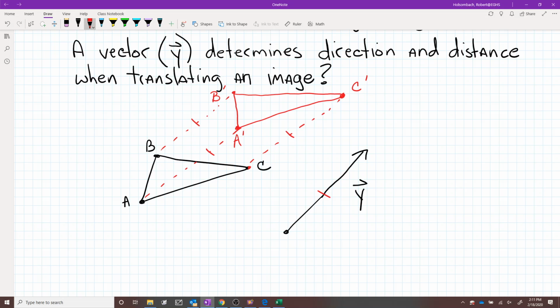You're going to be either given coordinates or you're going to be given the image on the coordinate plane, and you're going to be given the vector in a different format. Alright? So right now we're going to create this little table relating to the vector and the movement of the shape given the vector.